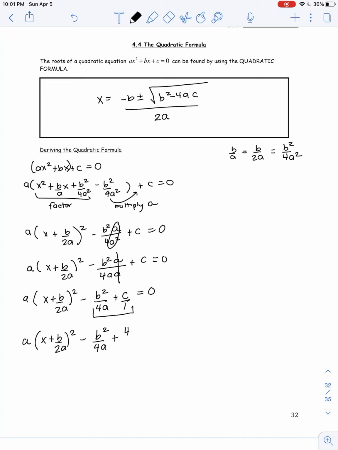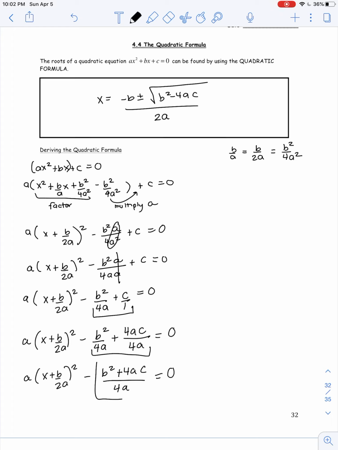So we get common denominators by multiplying the top by 4a, and the c still stays there, and the bottom by 4a. Then these are common, so you join them by keeping the common denominator, and the tops you just add together.